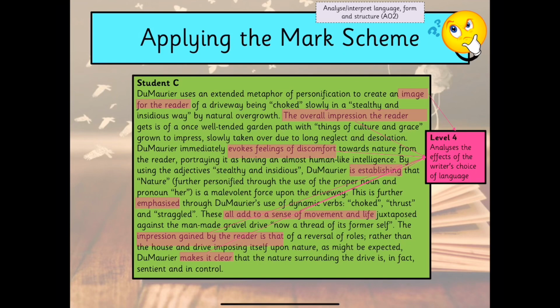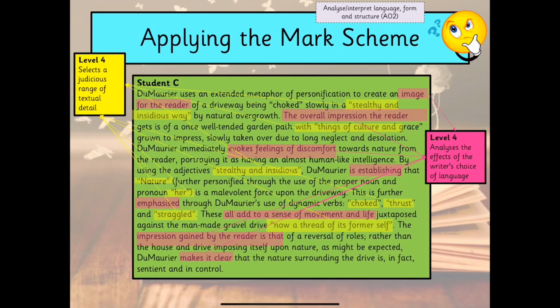These comments are definitely securely into level 4. They are analysing the effects of writer's choice of language. They're not just stating these are the effects, they're starting to say how those effects are created. And again, if you look at the yellow, you can see that not only have they used a lot of references, but they are all very carefully embedded into sentences.